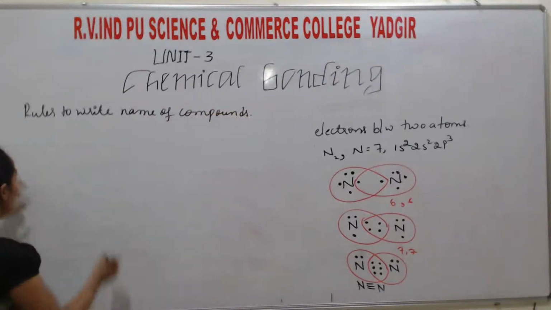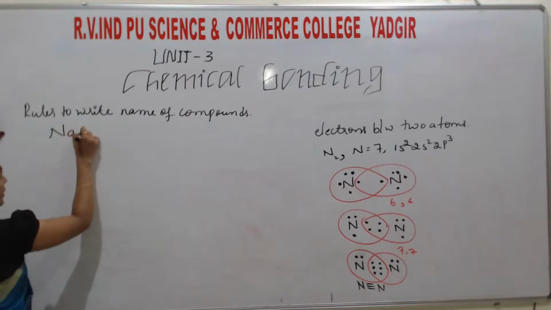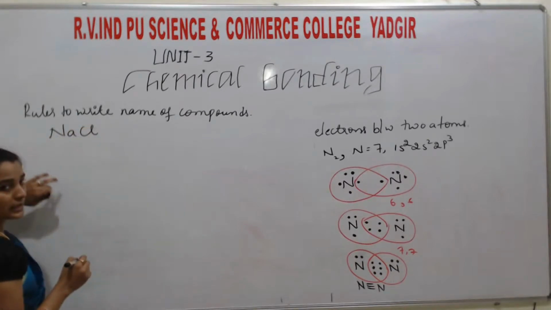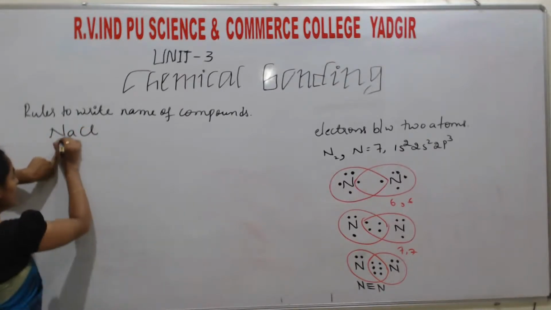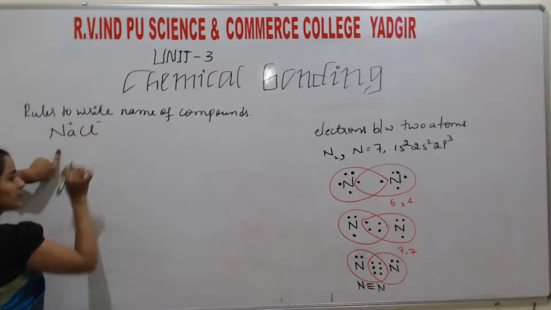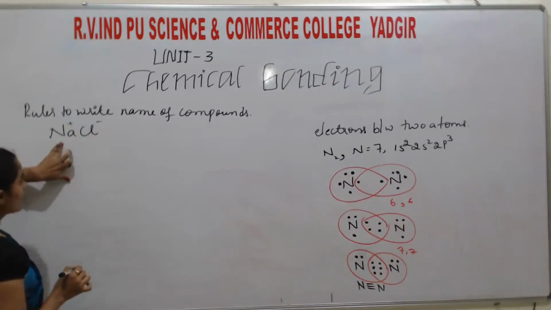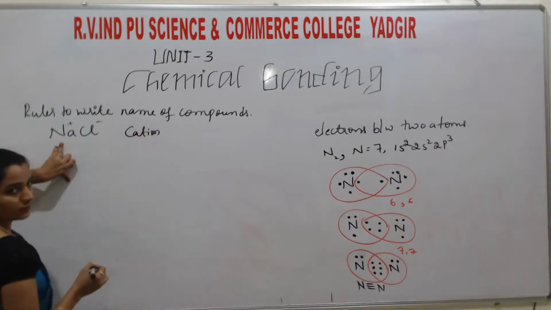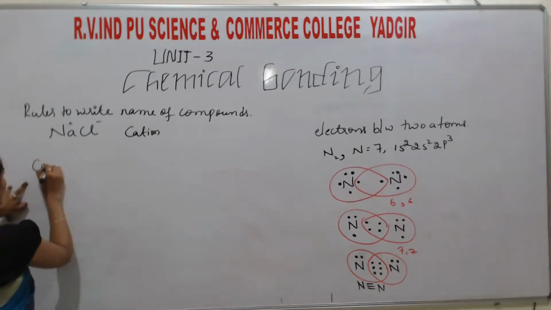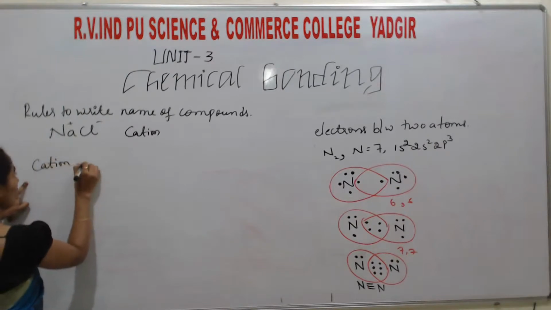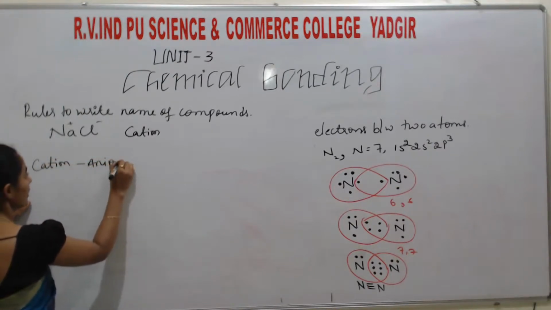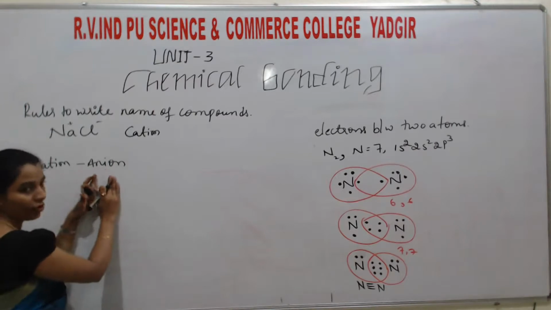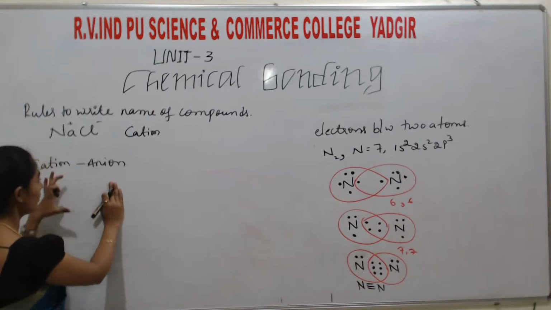For example, NaCl. So here, this is plus charge, this is minus charge, correct? Always the cation name first. Cation followed by anion. Remember this, cation followed by anion. This is the way to write the name.